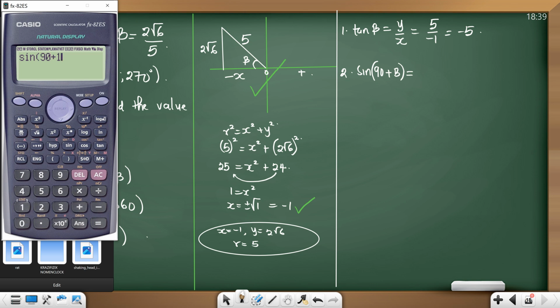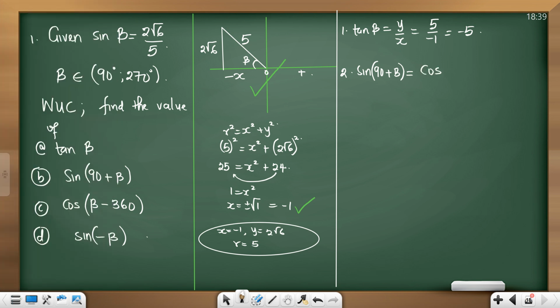We said 90 plus gives me a positive, so I know it is cos what? Beta. And what is cos beta? Cos is x over r. I have my x already. Negative 1 over r is what? 5. What's my answer? Write it nicely. The negative goes for all of it. We are done.